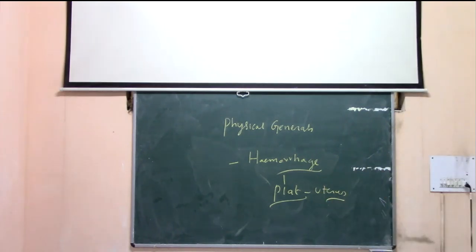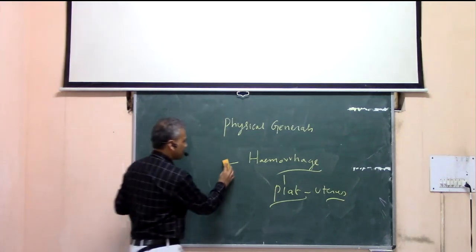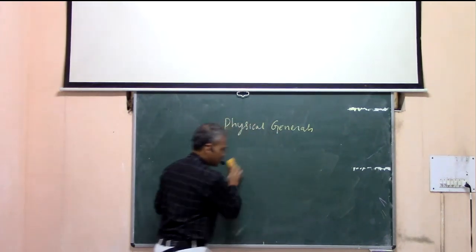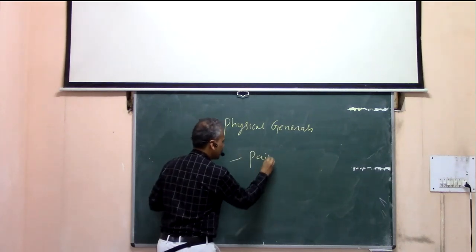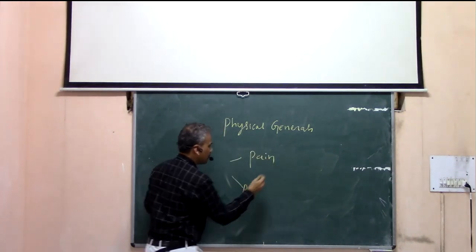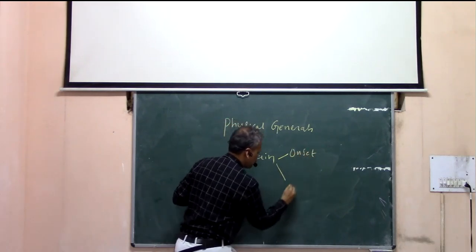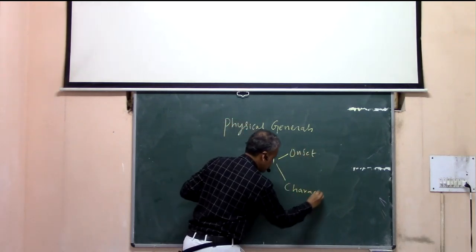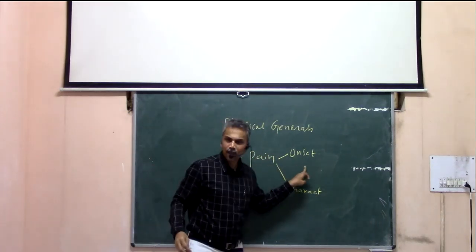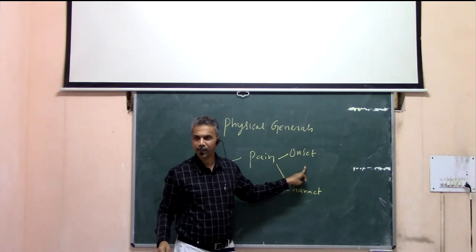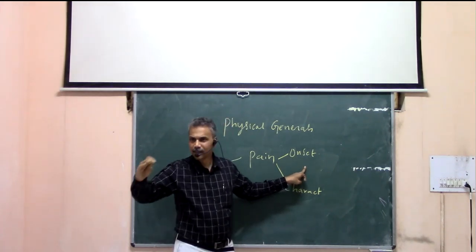So we are talking about hemorrhages. We spoke of side. We spoke of the thermals. Anything else? See, there are a few more images, few more things I want you to understand. Here is pain. I have two small headings for you. What is the onset of pain? Okay. It starts gradually and decreases gradually.